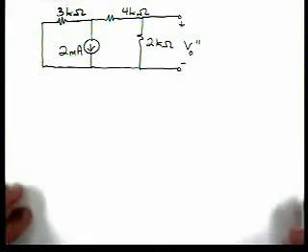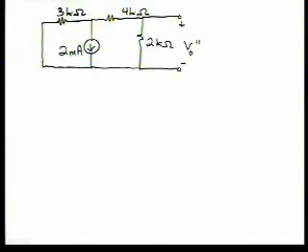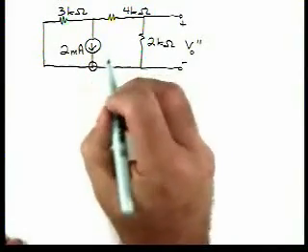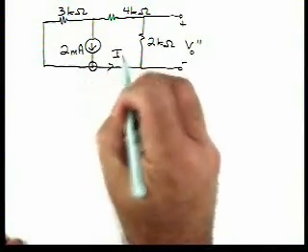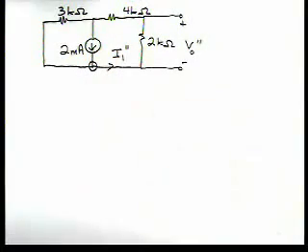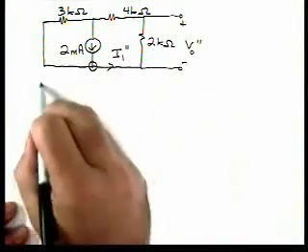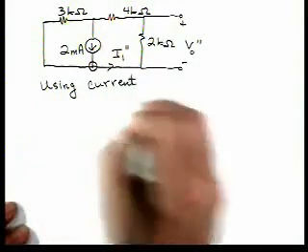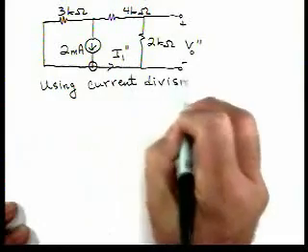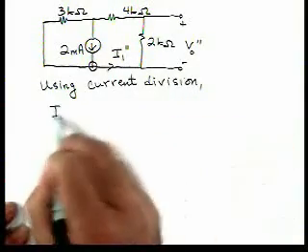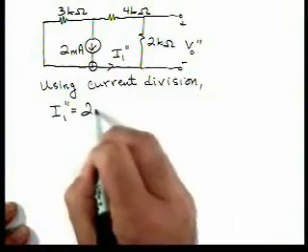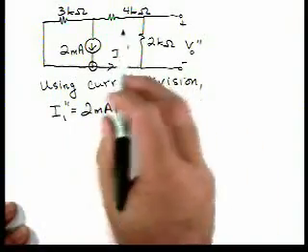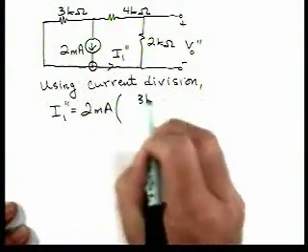So to start off, first we're going to apply current division and calculate this current, which I'll call I1 double prime. Using current division, we have I1 double prime equals 2 milliamps, and we want the current through this part of the circuit, so we put the 3K in the numerator.